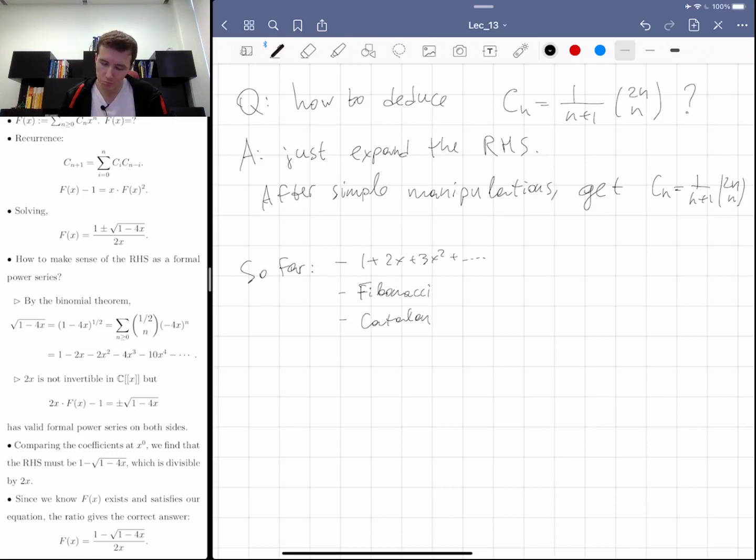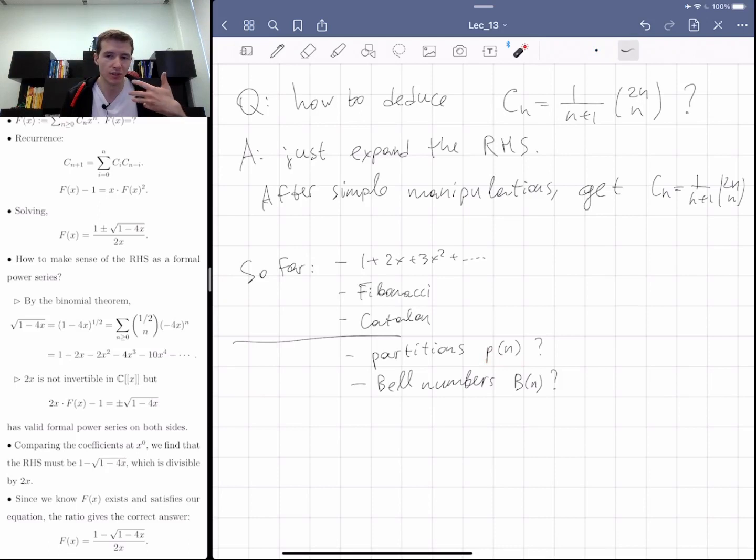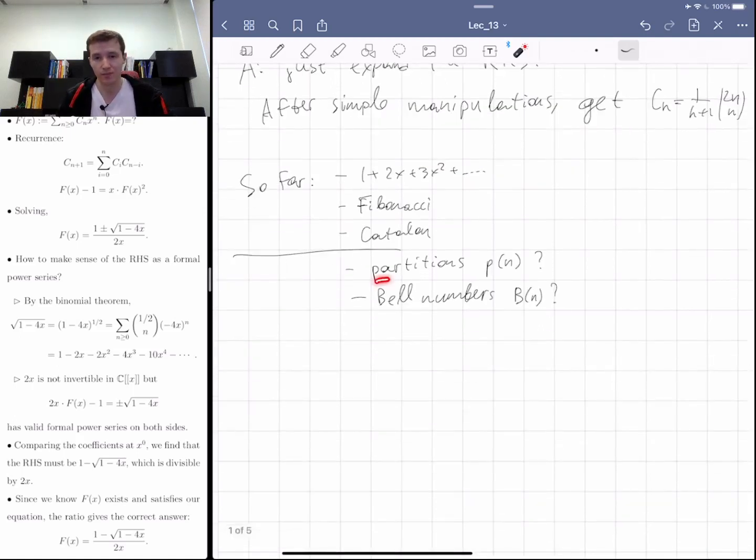Like for example, maybe let's say partitions p(n), or maybe Bell numbers. For each of them, you can write down a generating function, an exponential generating function, and then you can ask what's going to be the formula. Is it going to be a simple, nice, closed formula, or is it going to be some sort of crazy, intractable thing? And today I'm going to focus on partitions.